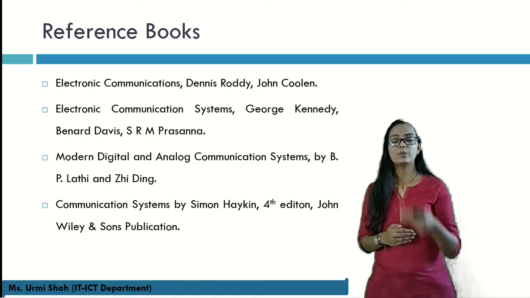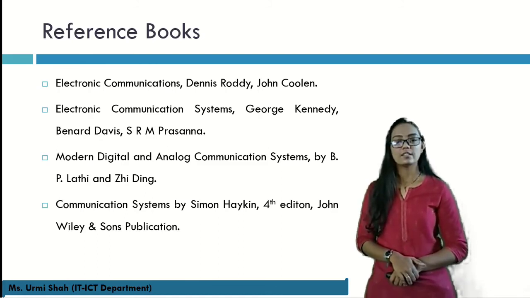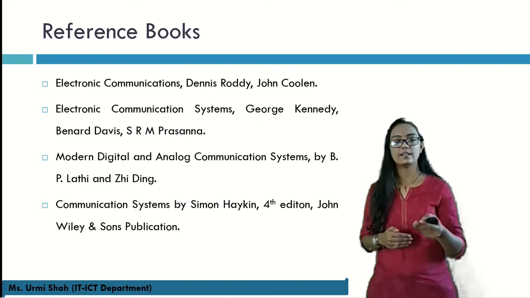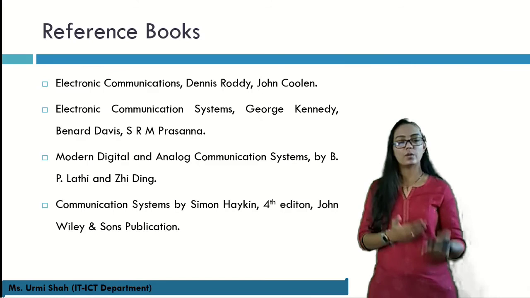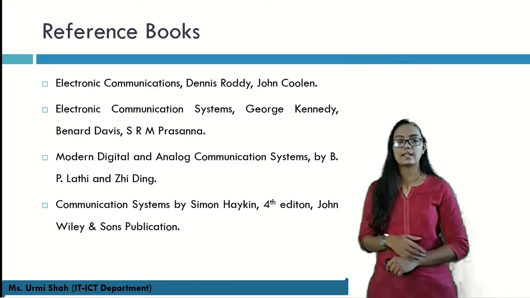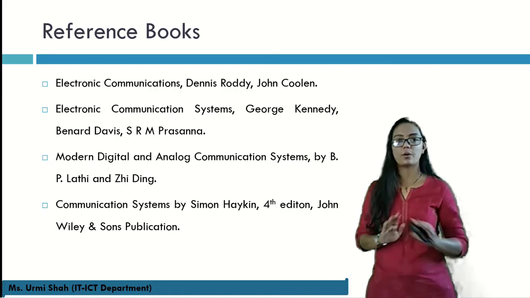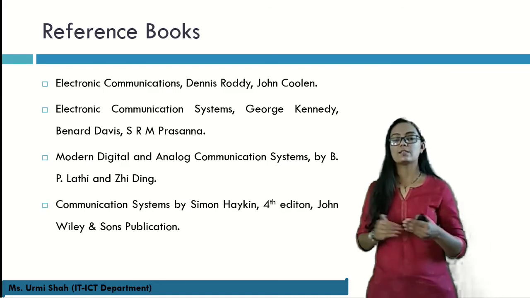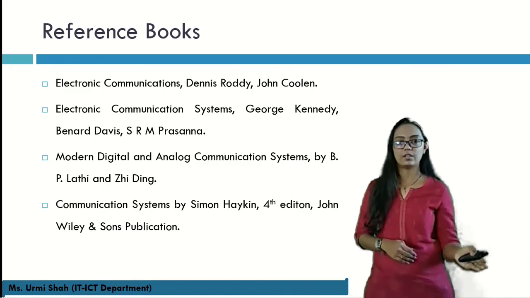In the upcoming session we will learn how to demodulate the amplitude modulated signal, because once you have sent the modulated signal from one end to another, at the receiver end we need to retrieve it back into its original form. Once you have performed modulation, your signal is modulated and you are transmitting it from the transmitter end to the receiver end.